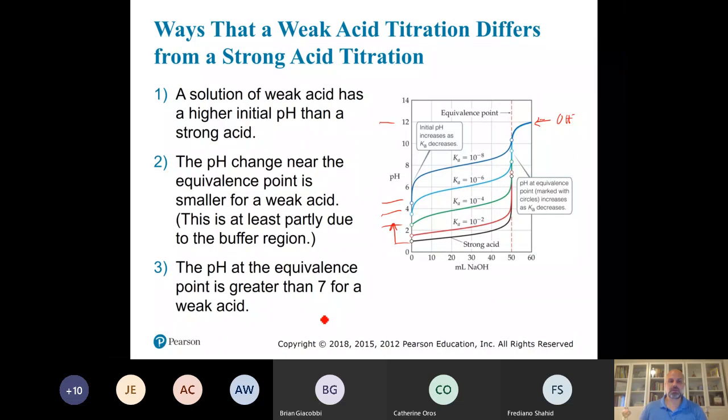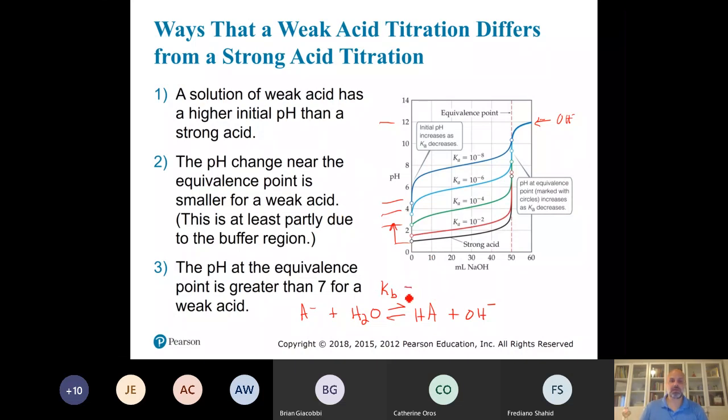Our conjugate base, A minus, is reacting with water to give us HA plus hydroxide ions. When we're talking about this reaction, our Kb equation, the Kb is dependent on our Ka.